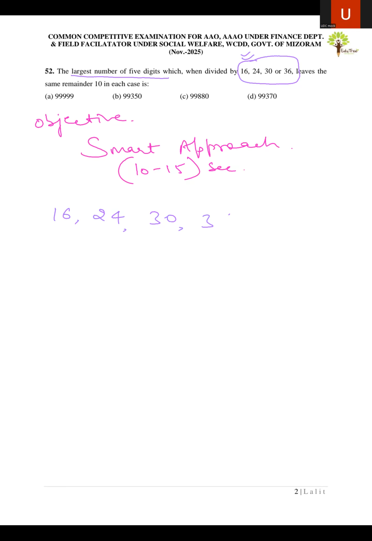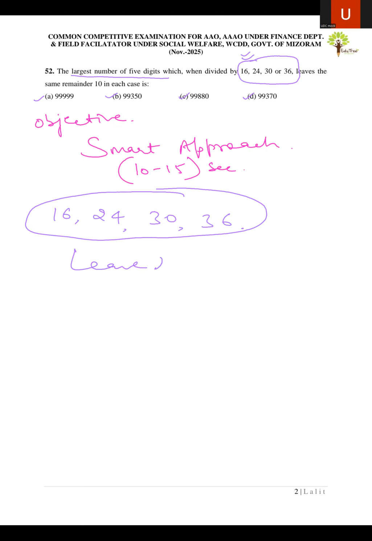Whichever option is the answer, I don't know which one it is. They're saying that the number should be completely divisible by 16, 24, 30, and 36, and it should leave remainder 10.